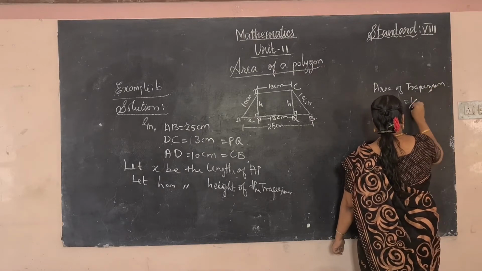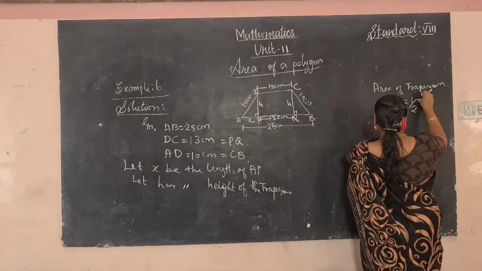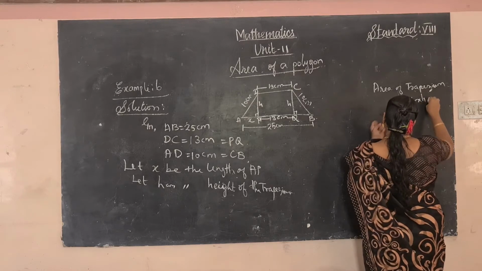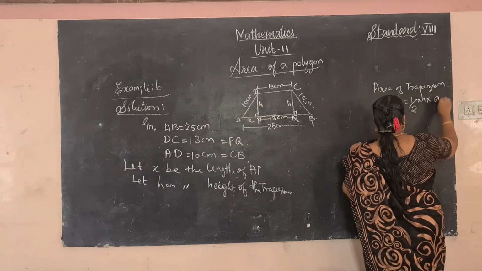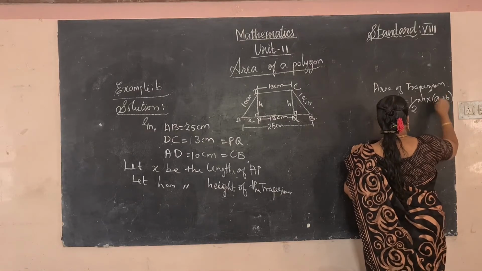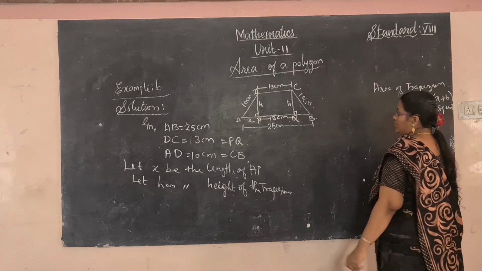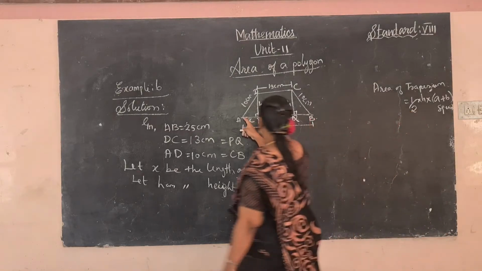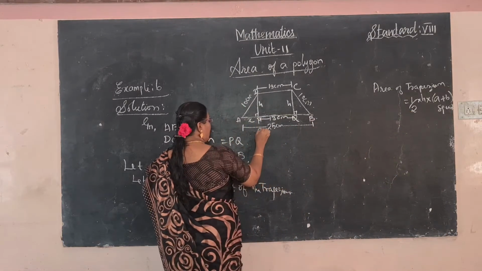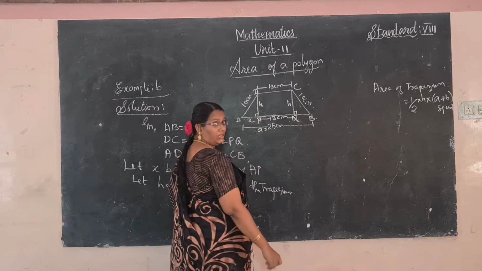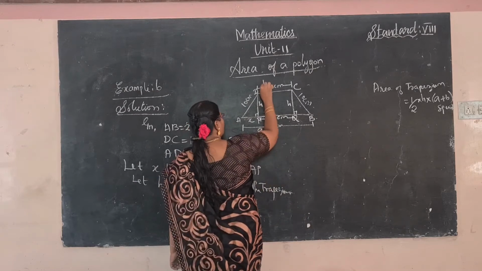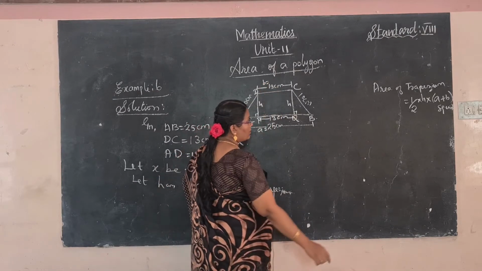It is equal to half into height into (A plus B) square units. Okay, so this is the trapezium base. This is A. A is equal to 25 centimeter. B is 13 centimeter.